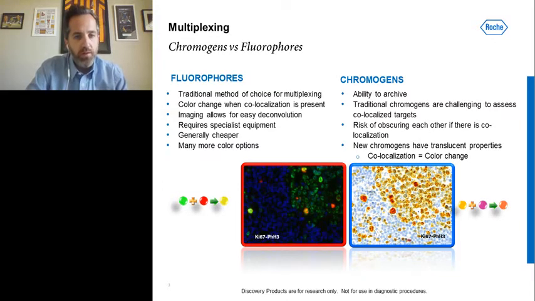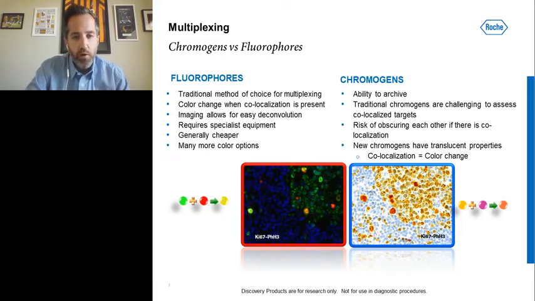So in terms of multiplexing, there are two different key methods for IHC multiplexing, and that's using fluorescence or chromogenic detection. Historically, fluorescence has been the method of choice because it's easy to see where there is colocalization of markers, basically where two different fluorescent markers overlap, it creates a second color.